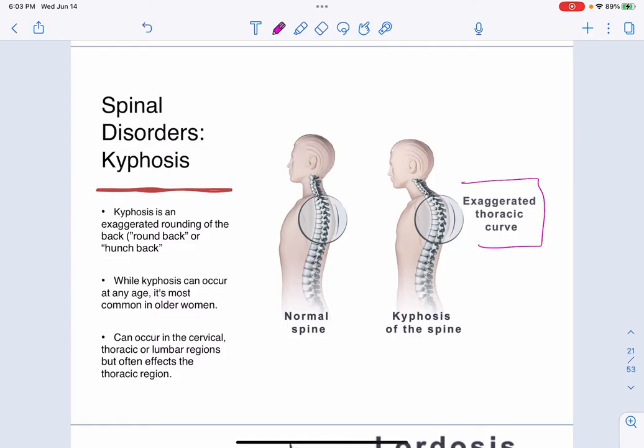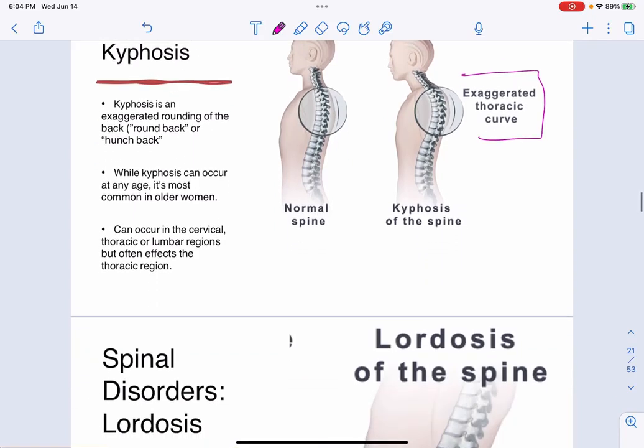And this most often occurs in individuals as we age. So this could be a symptom of osteoporosis. So the bones of the vertebral column are getting weaker. So weakening of the bones. It can also be weakening of connective tissue and muscle. So elderly individuals sometimes have that curl or hunch over, and it can also make breathing more difficult. So that is what is referred to as kyphosis.